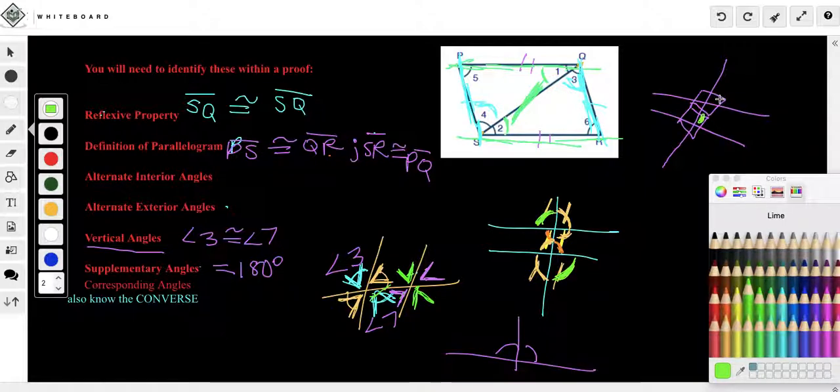So top right, correspond. Top left, correspond. Bottom right, correspond. And bottom left, bottom left correspond. Okay, so as you can see, that's my little 4-square drawing.